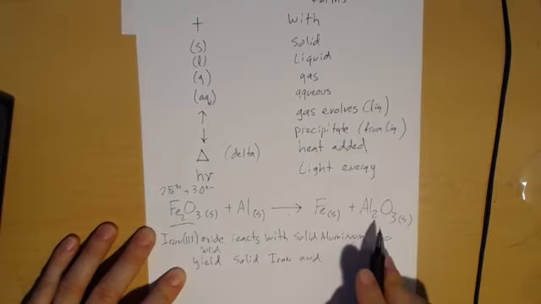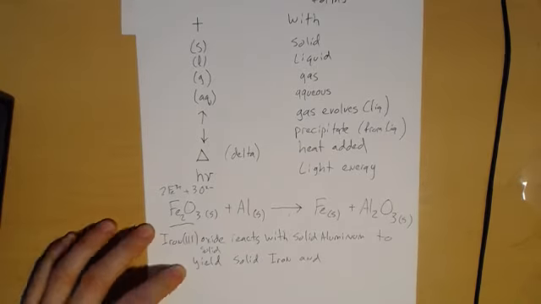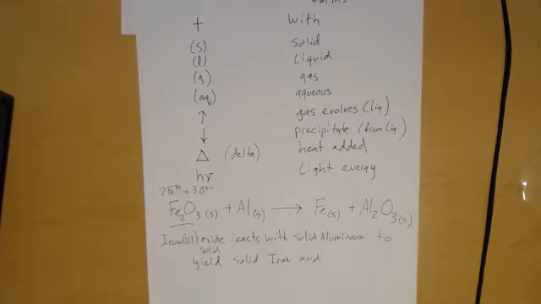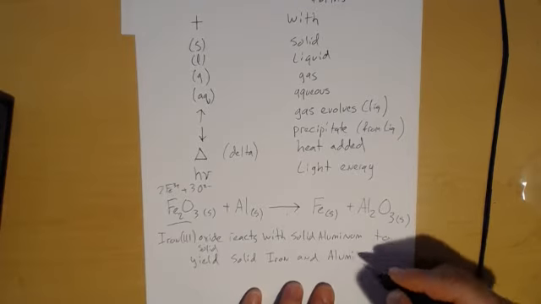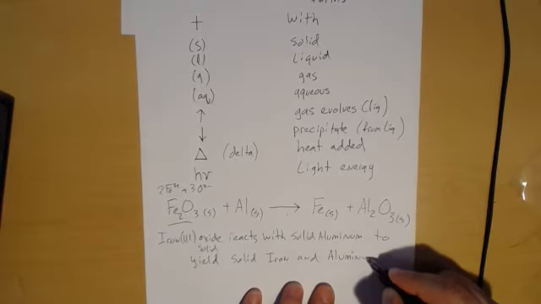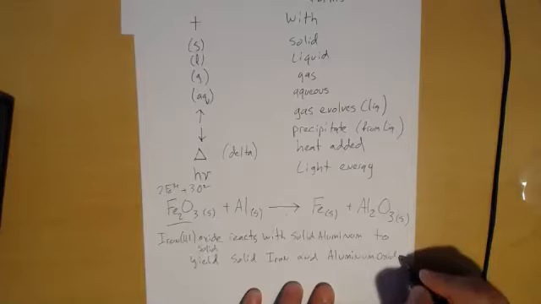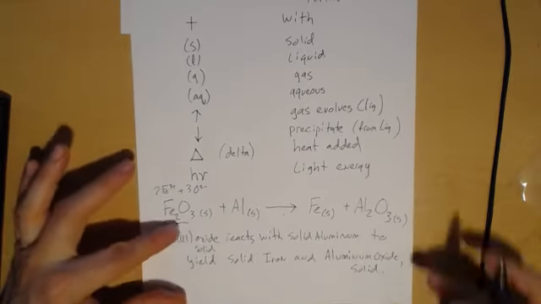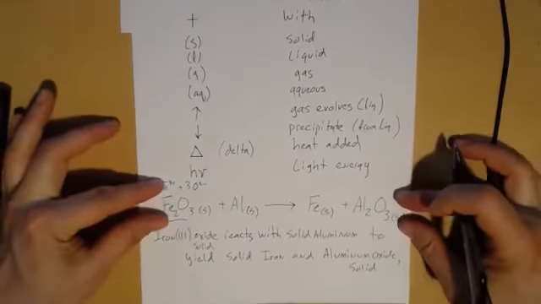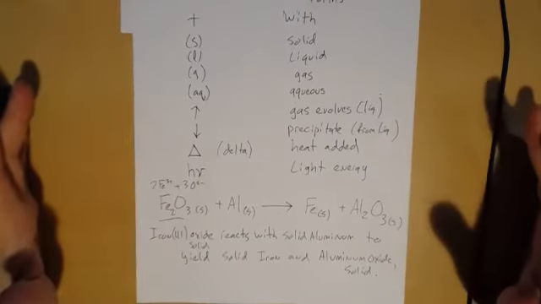And this one won't have a Roman numeral because aluminum is a fixed charge. So we'll just call it aluminum oxide, solid. And all of that is contained in the set of symbols. So it's a much faster, quicker way to do that.